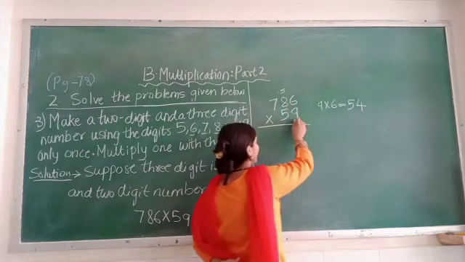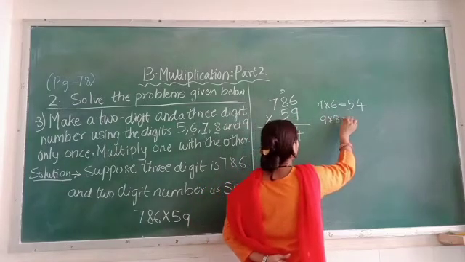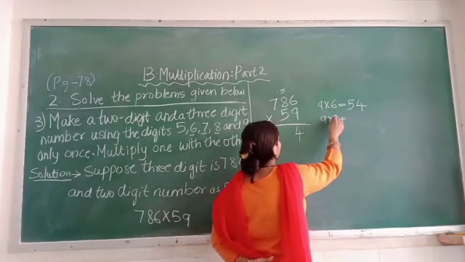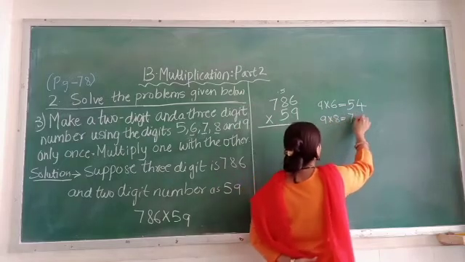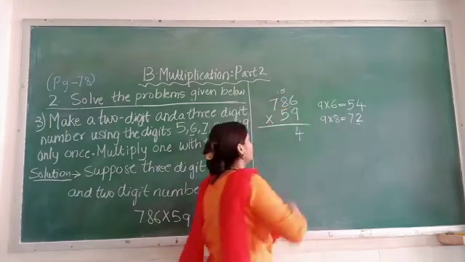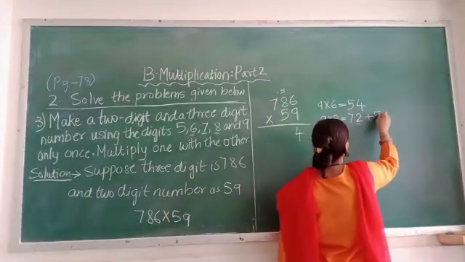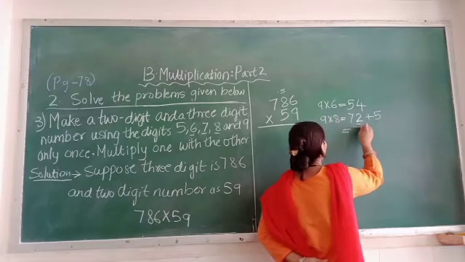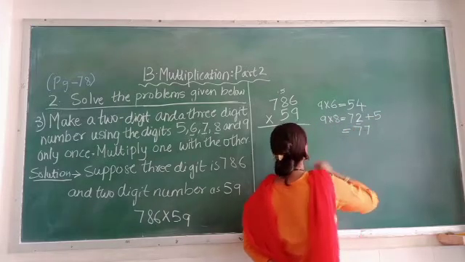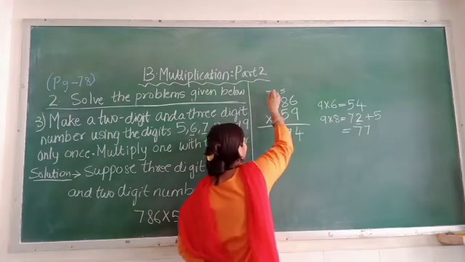Now we will multiply 9 by 8. 9 multiplied by 8 is 72. So in this 72 we will add the carried over 5. It will become 77. So 7 will be written here and 7 will be carried over.